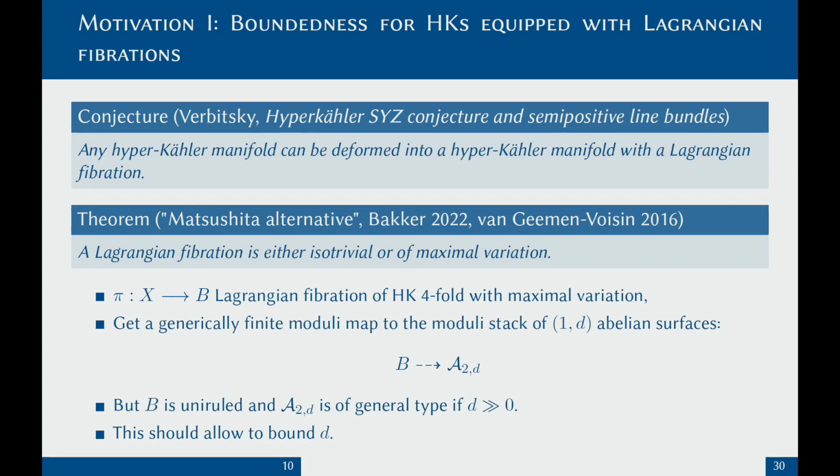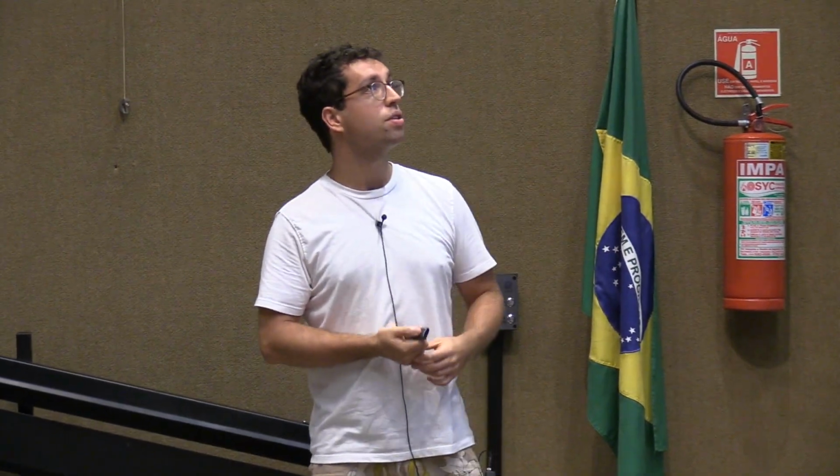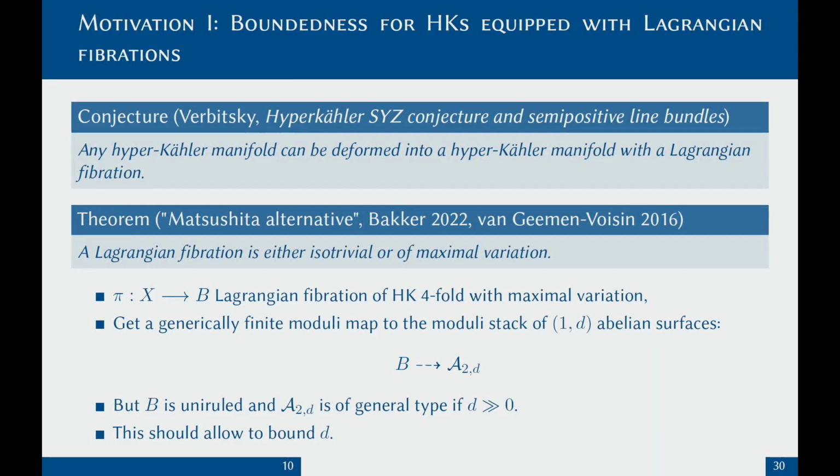Okay, but you can look at Misha's paper to get the statement. The statement is that every hyper-Kähler manifold can be deformed into a hyper-Kähler manifold with a Lagrangian fibration. If this is true, then this is really useful to get a boundedness statement, right? Because then it suffices to understand Lagrangian fibrations. If you can bound the deformation types of Lagrangian fibrations, then you're good to go.